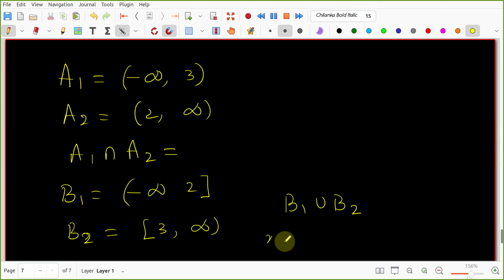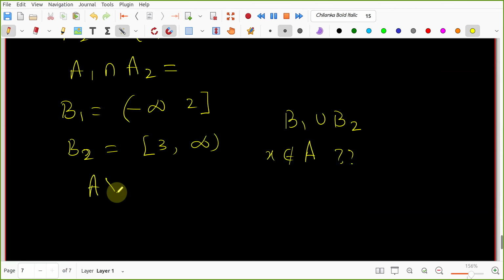And what do you mean by x not in A? Remember A is the open interval (2, 3). X not in A means what? One small notation, with that I will stop. This notation is A minus B. It is called set difference.